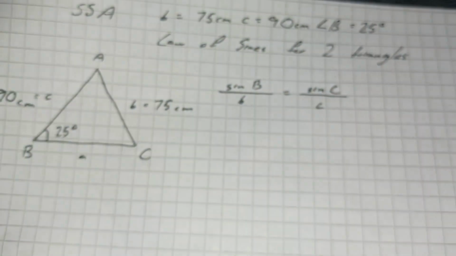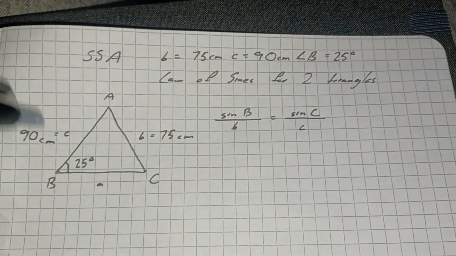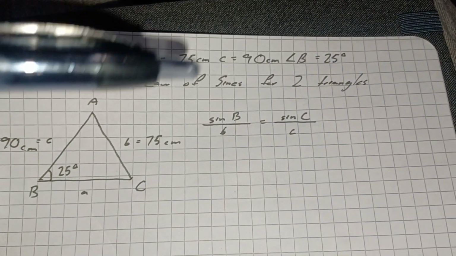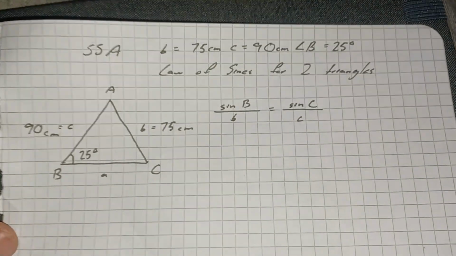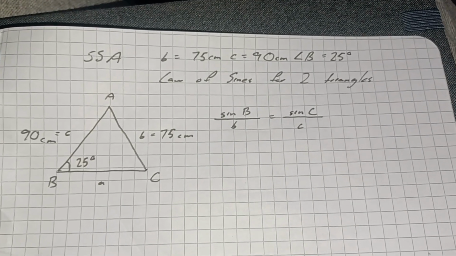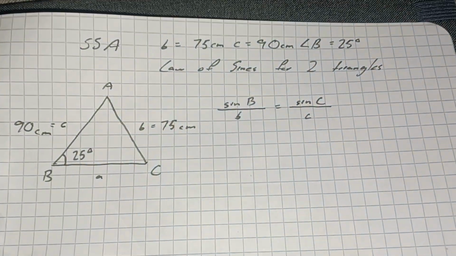So that's basically the basic formula. You can use it for whichever point you want, just as long as you have at least either the angle or the side. You'll see what I mean when we go over this example, but that's just a general idea of it, all right?